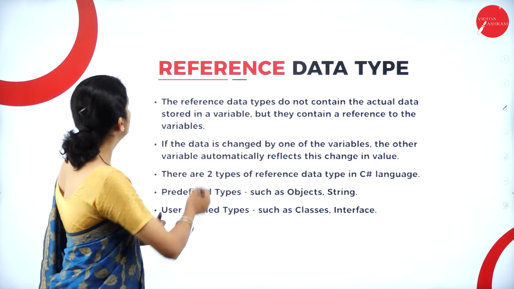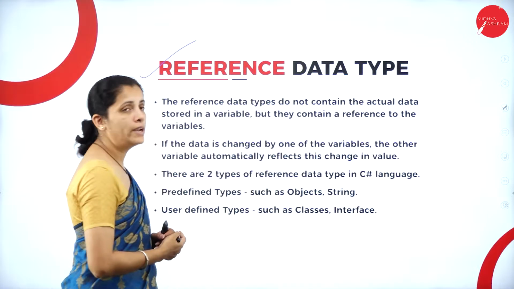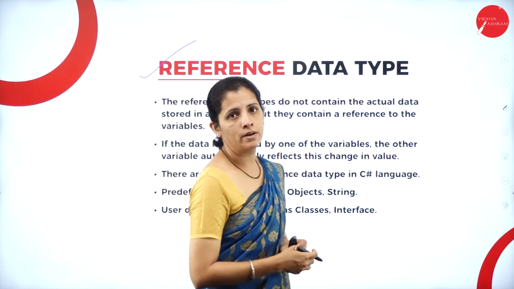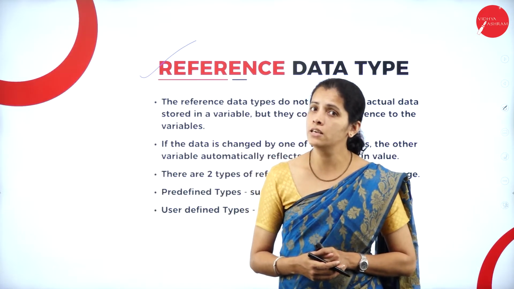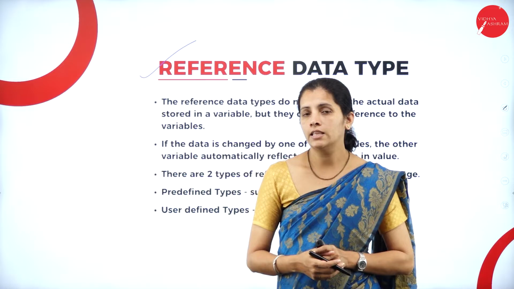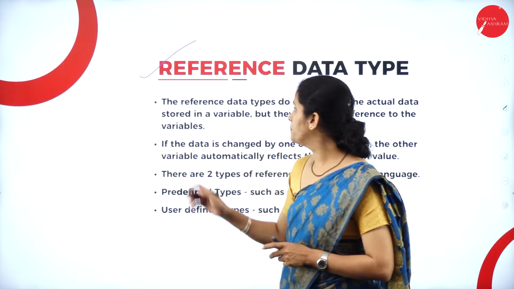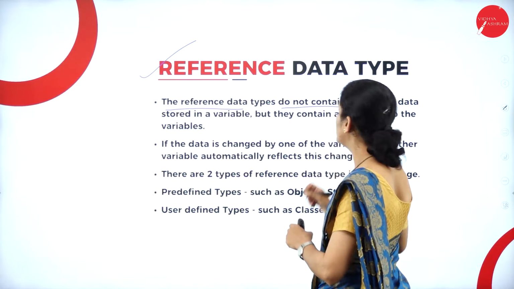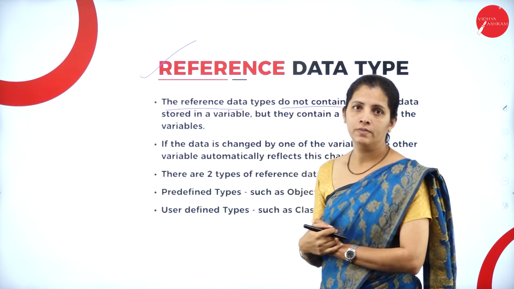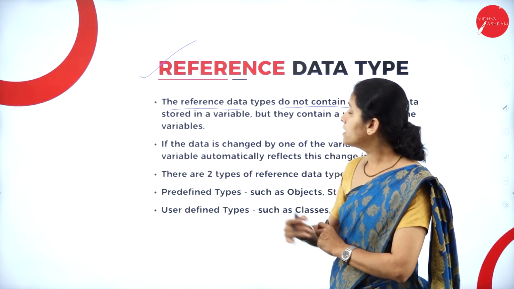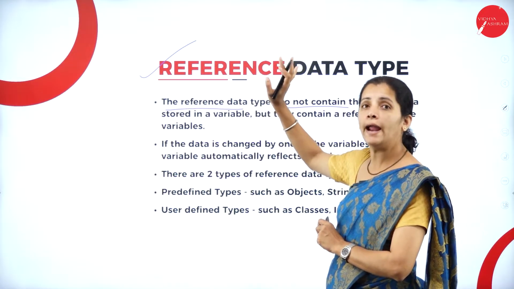Now my second type of data type here is reference data type. So what is reference here? That is nothing but the address. So the reference data type does not contain the actual data. Dear student, just remember one thing, that reference is nothing but address.